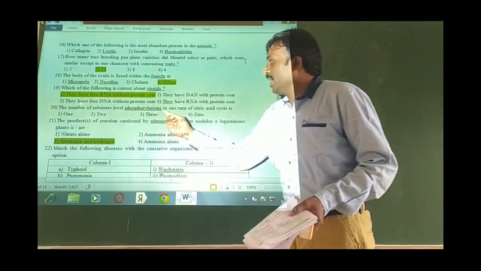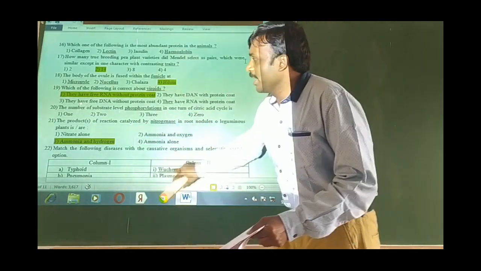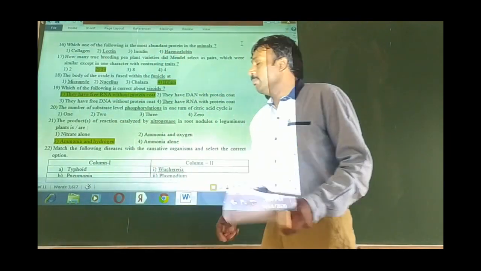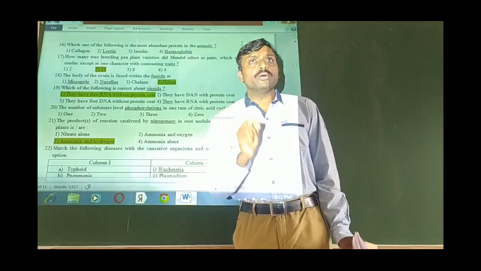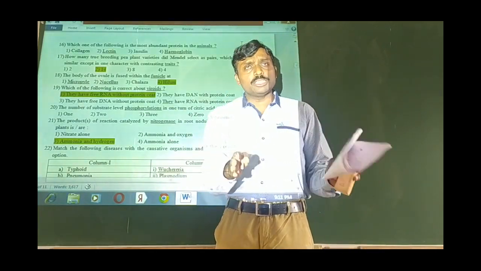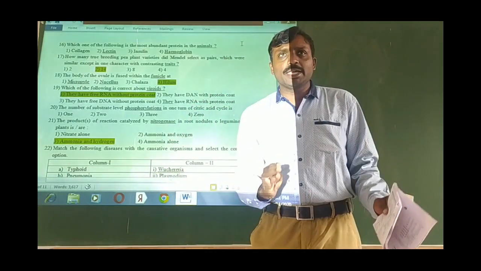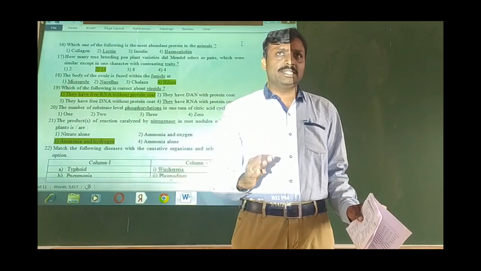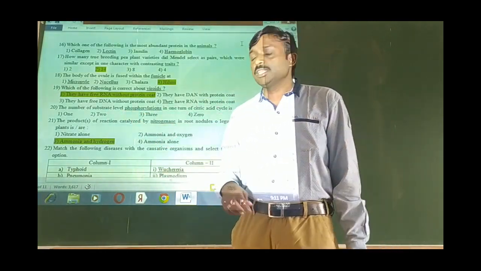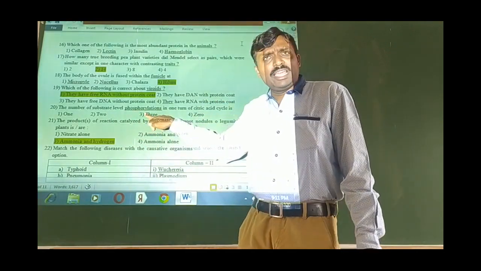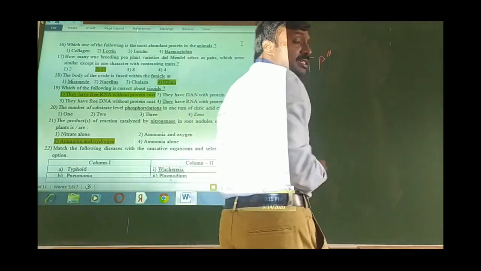The number of substrate level phosphorylations in one turn of the citric acid cycle is... This is a very important question, the 28th question. If you properly read respiration in higher plants, Krebs cycle, TCA cycle, or citric acid cycle, there are 3 different names for that cycle. There, substrate level phosphorylation. Please remember, phosphorylation means a reaction that leads to the synthesis of ATP.